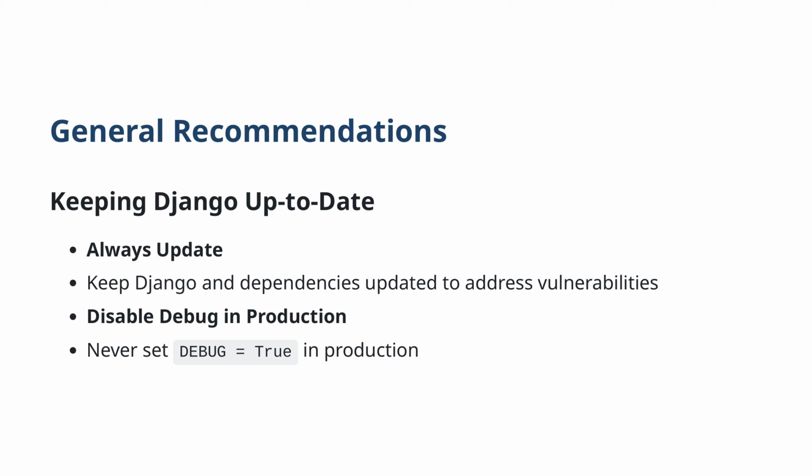Setting debug equals true can expose sensitive information, making your application vulnerable to attacks. In production, always configure this setting to false to hide detailed error messages and stack traces that could be leveraged by attackers.